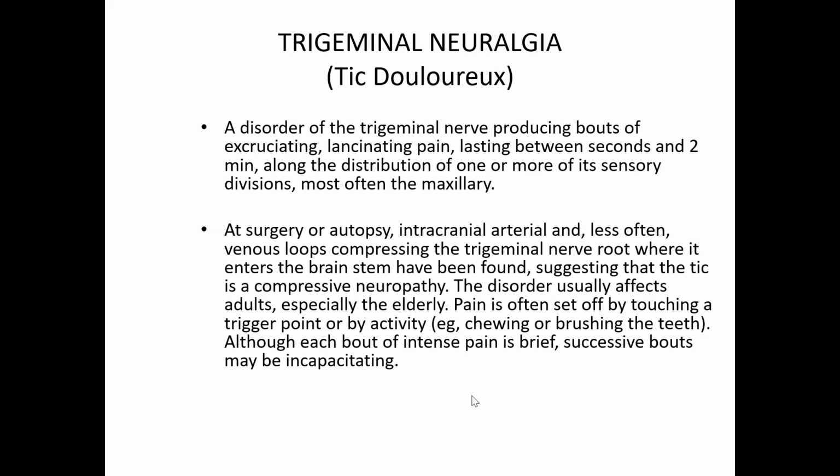At surgery or autopsy, the causes that have been shown are intracranial arterial and less often venous loops compressing the trigeminal nerve. So it is basically a compressive neuropathy from vascular loops overlying it. The disorder usually affects adults, especially the elderly. Pain is often set off by touching a trigger point or by activity.